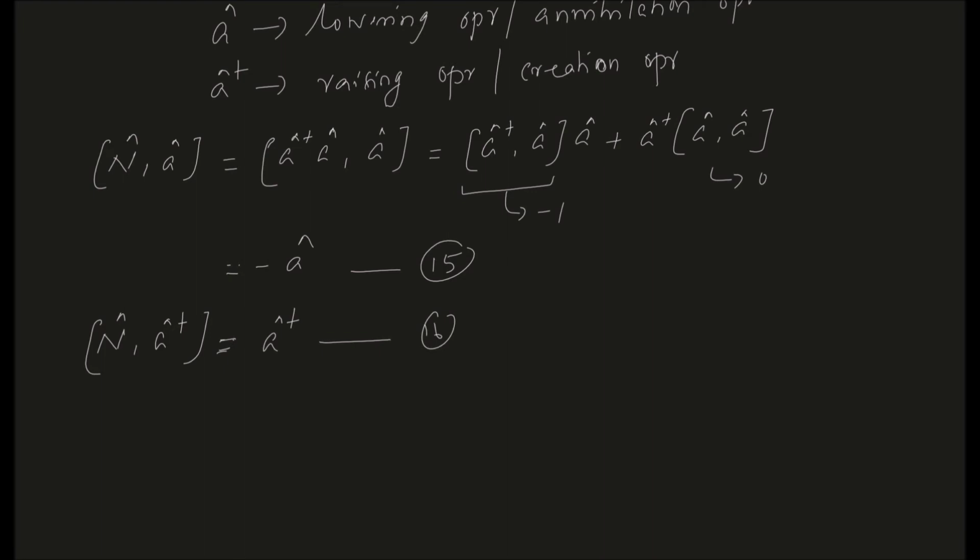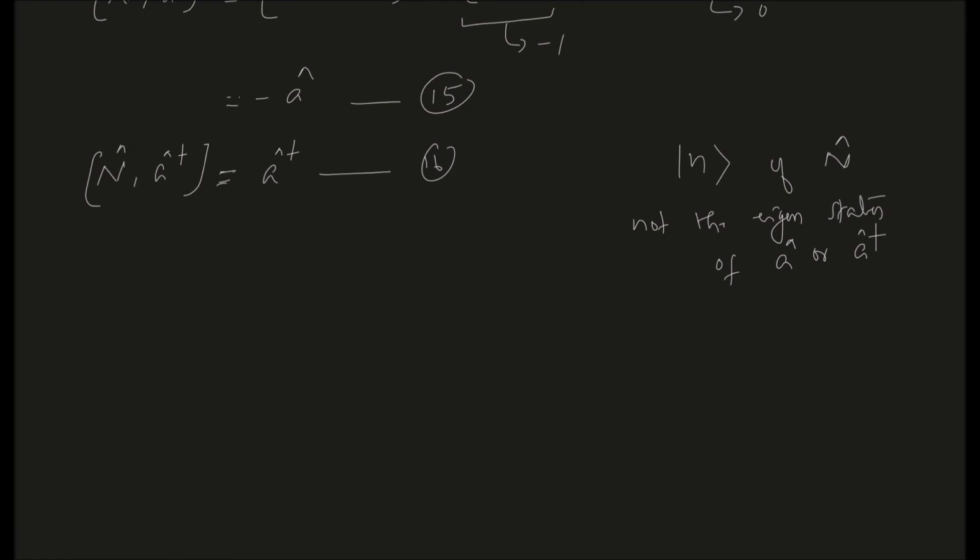So what we have seen is that A and A dagger do not commute with this number operator. So that means the eigenkets |n> of the capital N operator are not the eigenstates of A or A dagger, because they are not commuting operators.